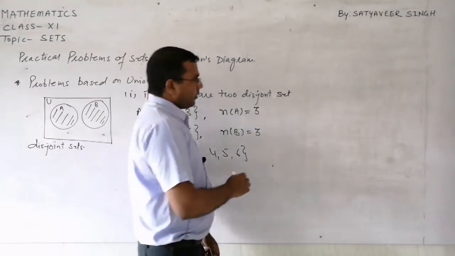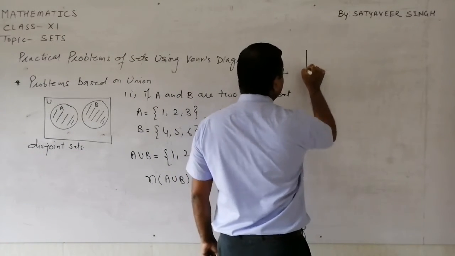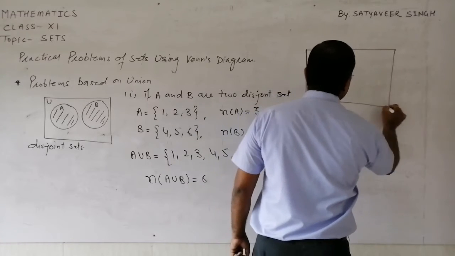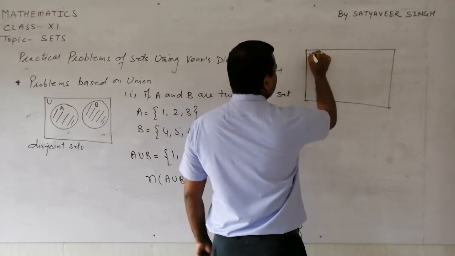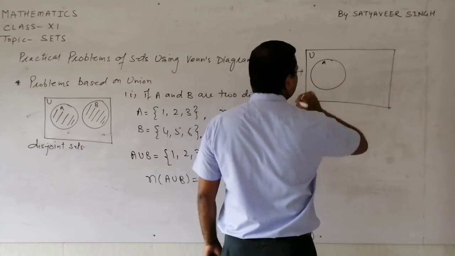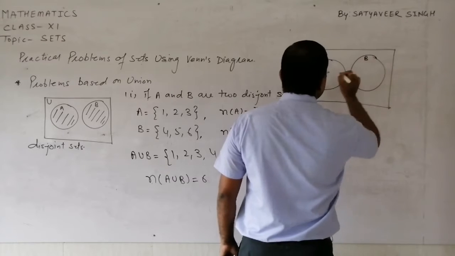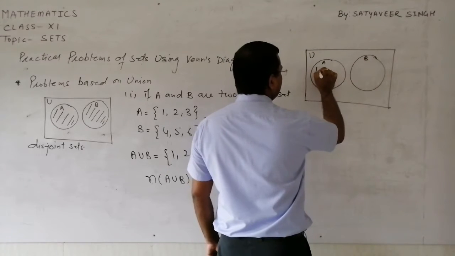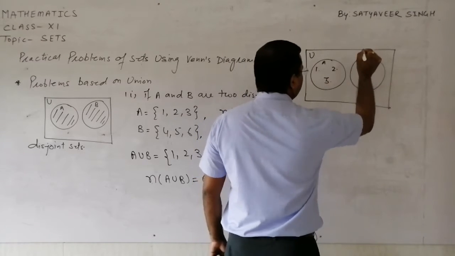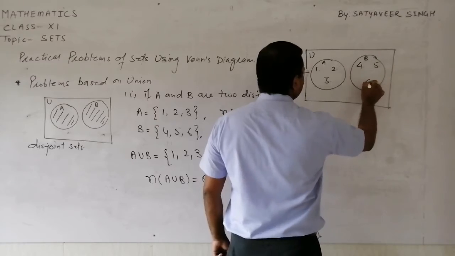Now with the help of a Venn diagram we can see this. There is a universal set U, the set of natural numbers we can say. There is set A and there is another set B. Set A has the elements 1, 2 and 3. Set B has the elements 4, 5 and 6.